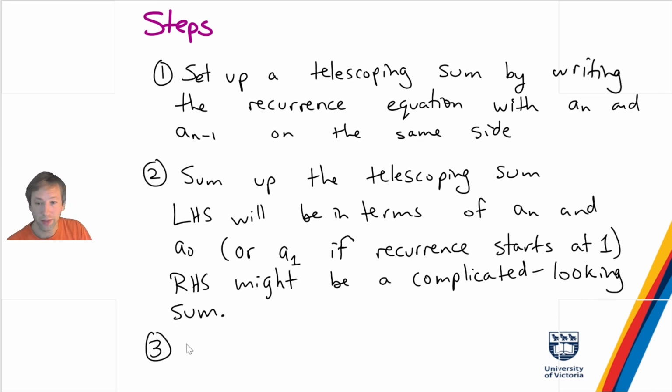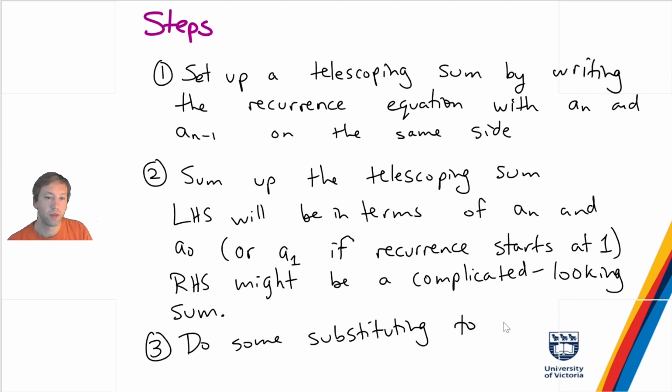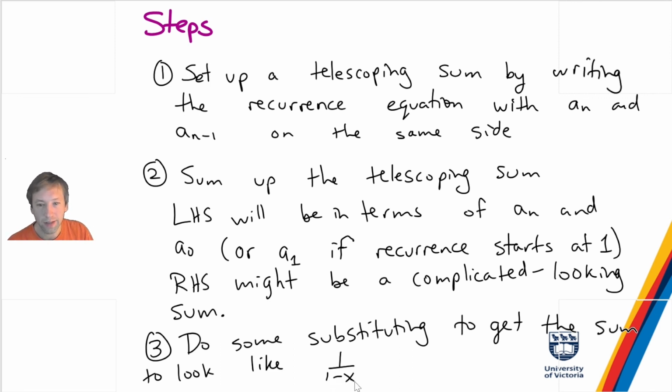The third step is to do some substituting to get the sum to look like one of these things we understand, which is 1 over 1 minus x to the k, which equals, of course, the sum from n equals 0 to infinity of (n plus k minus 1 choose k minus 1) x to the n.